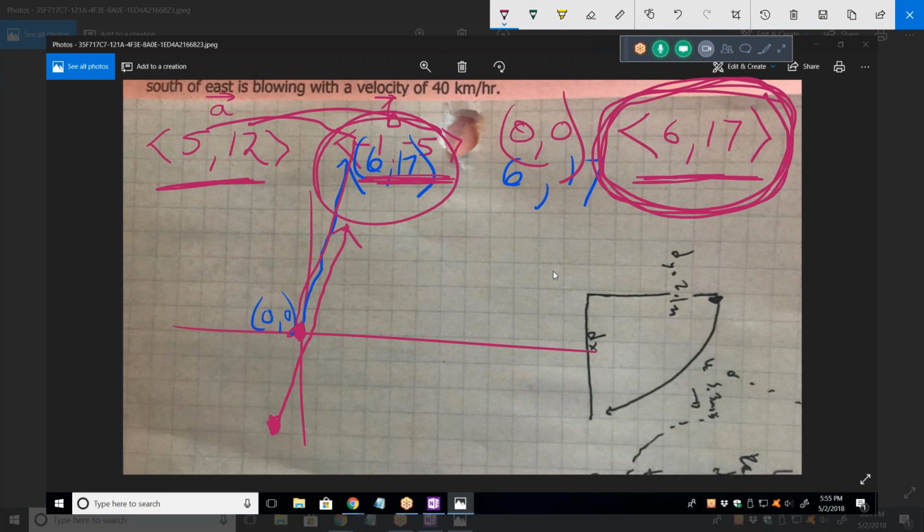And if you want the magnitude of the vector, this vector I've got over here, you take the square root of 6 squared plus 17 squared. That's the magnitude of it. In other words, the blue triangle, its dimensions are 6, 17.